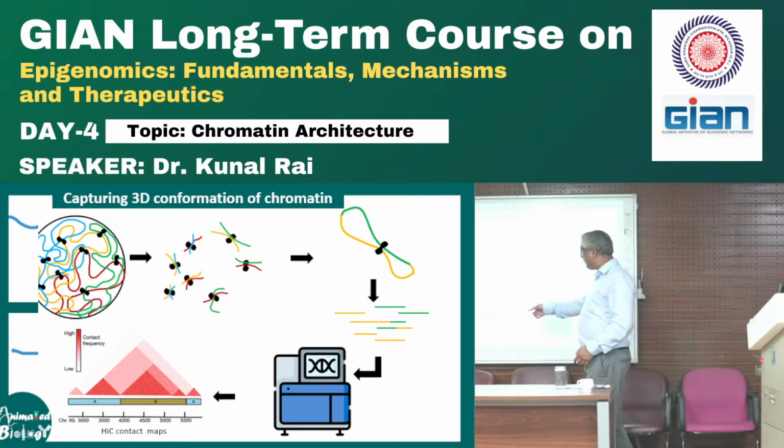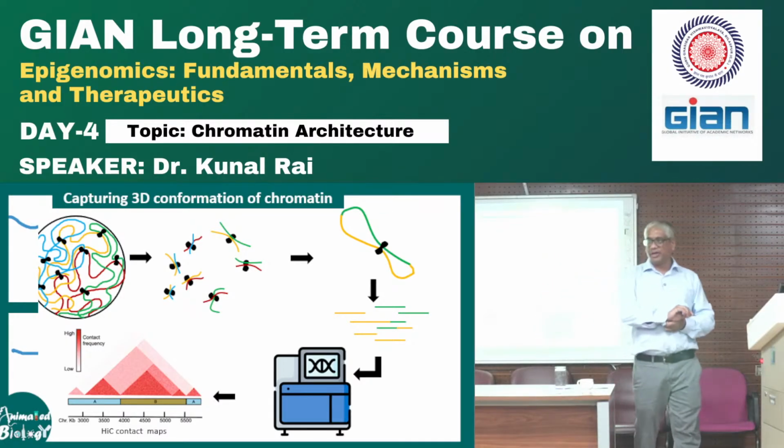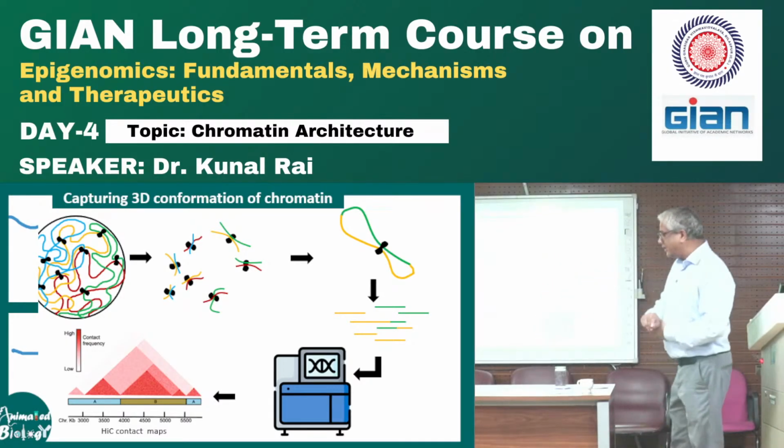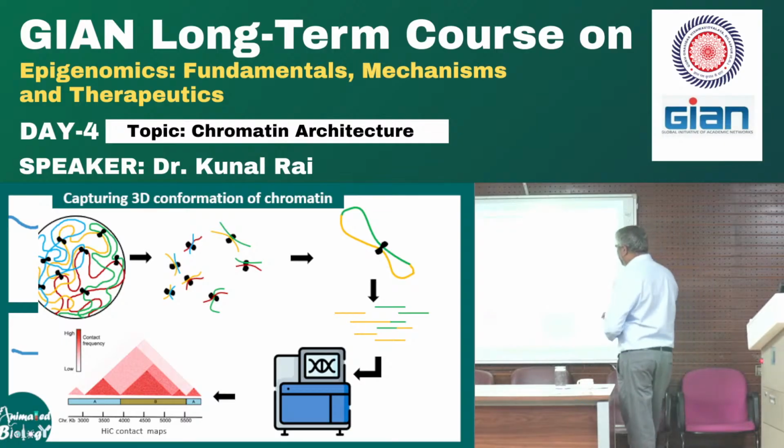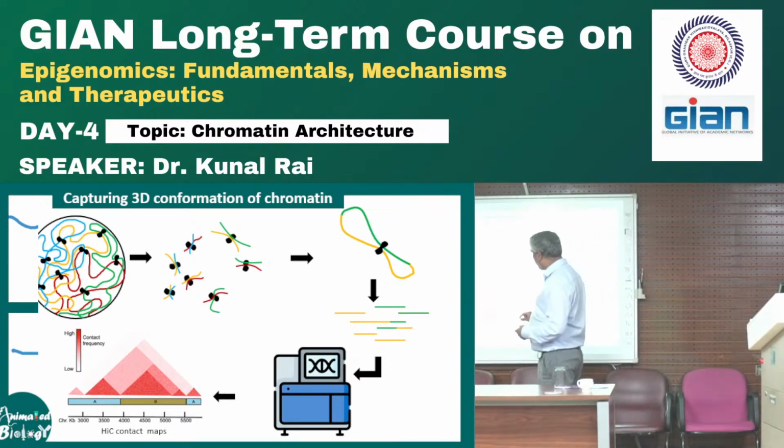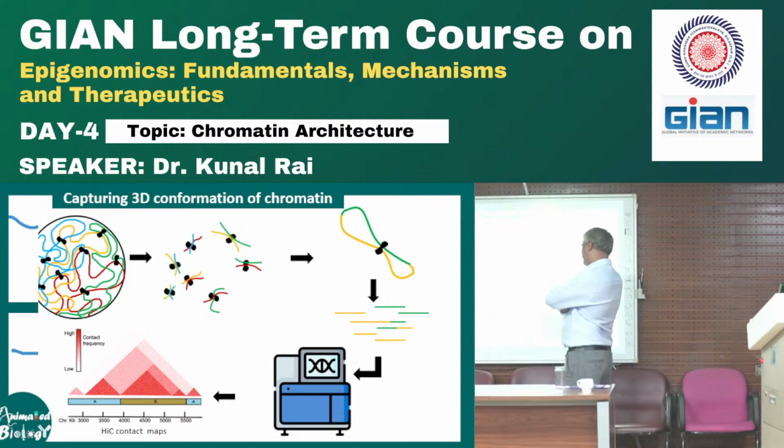Once you do that, the map becomes something like this, a triangular pyramidal map. Do you understand any of that? No. I'm trying to see how to explain this better.